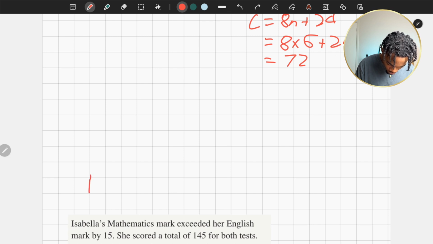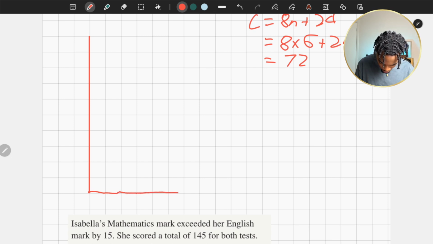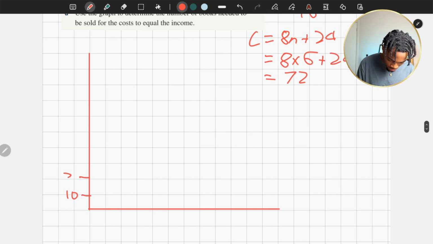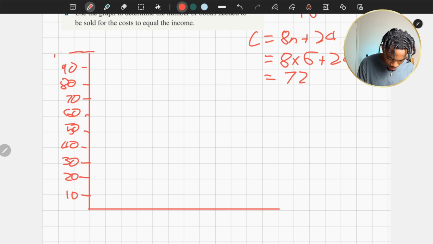Let's go 1, 2, 3, 4, 5, 6, 7, 8, 9, 10, and 1 to 12 along the axis. Then write out our points: 10, 20, 30, 40, 50, 60, 70, 80, 90, 100.